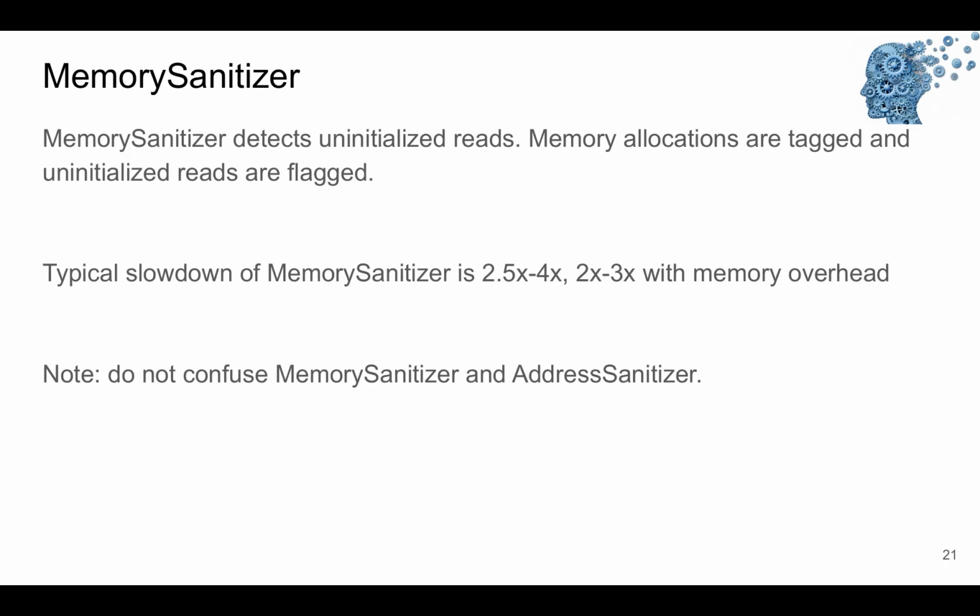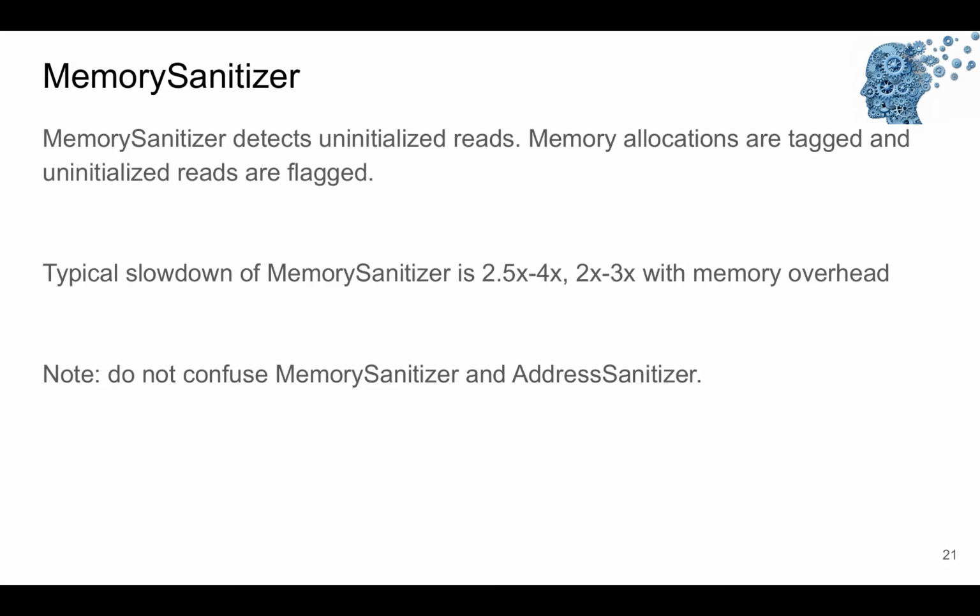Correct, right? So whenever you allocate, let's stay with the red zone. Whenever you allocate an object, let's say we get rid of the red zones left and right. Whenever you allocate an object, you just color all the data of that object red. Whenever you write, you clear the red bit.